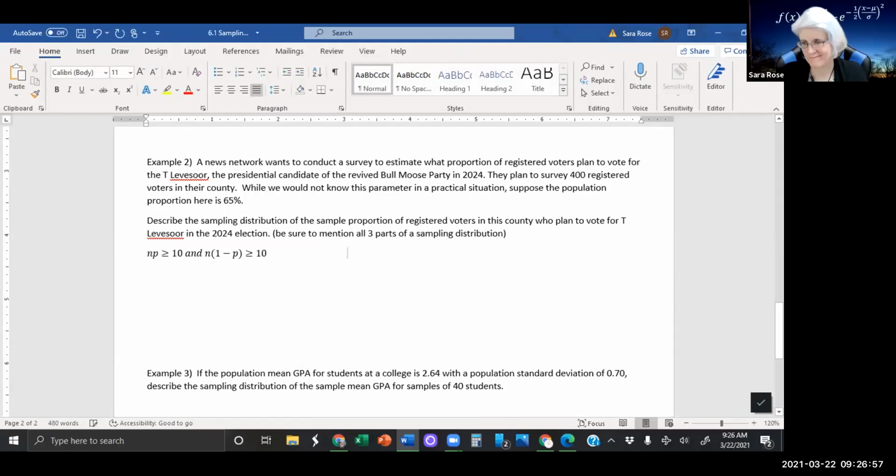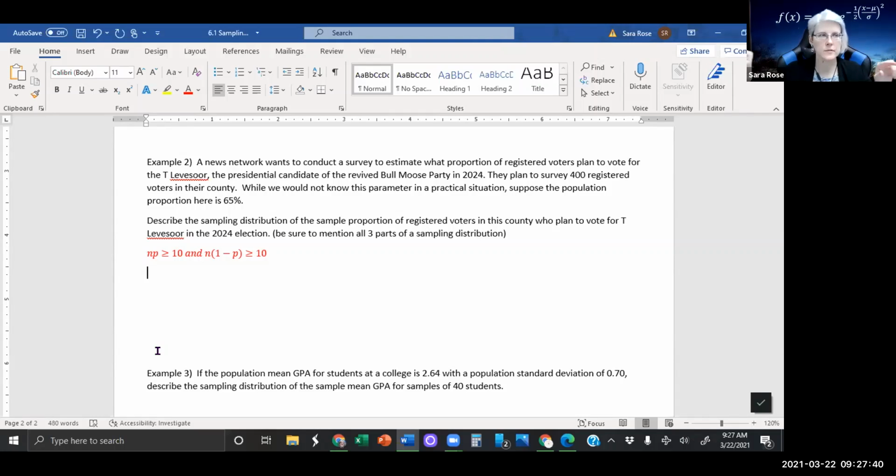So what's that saying? What it's really saying is that you need to have a large enough population proportion that when you plug it in here and in here, combined with the number in your sample, you're going to have at least 10 individuals who say no, I'm not voting for T. Levasseur, and 10 people that say yes, I'm voting for T. Levasseur.